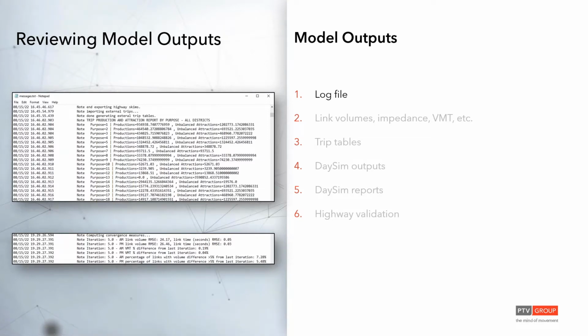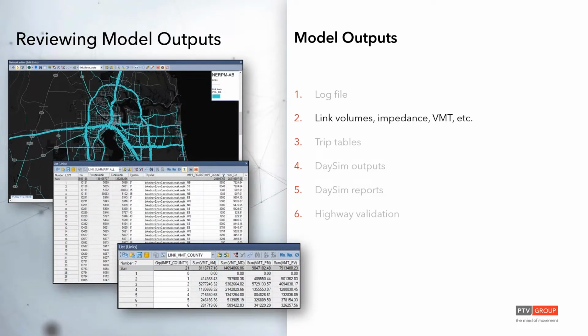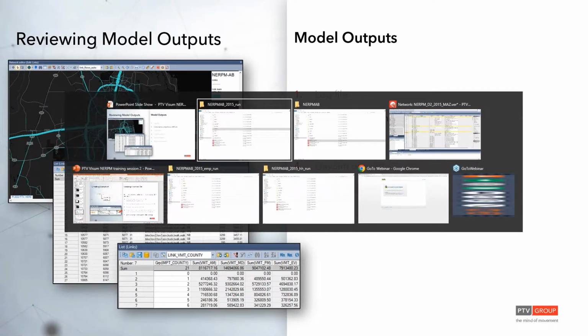But let's say once you are satisfied and the model ran successfully and everything looks good, you may start looking into the actual loaded version file to look at model outputs at different levels, at link level, at node level, at zone level, and you might want to create some charts or create some summaries. So let's do that right now.